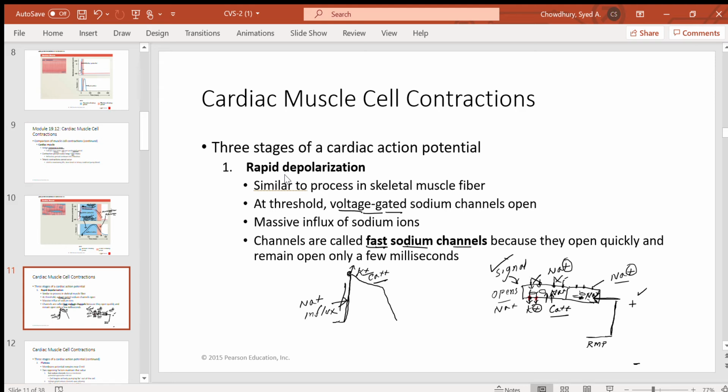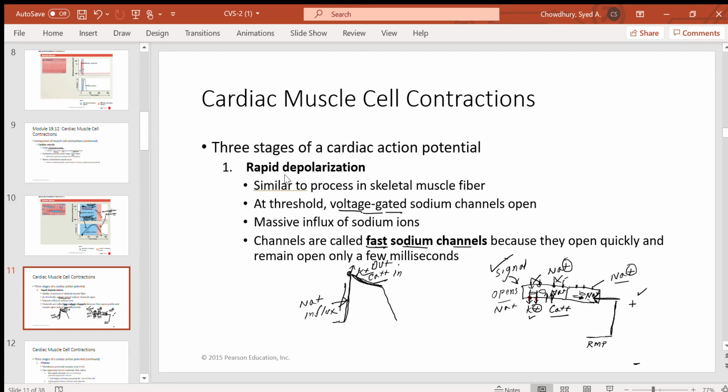But what is happening in the second phase? Potassium is getting out, that means positive is getting out, and calcium is getting in. So some positive is getting out, some positive is getting in. That will keep the potential kind of the same, unchanged, because potassium goes out and calcium comes in, and both are positive, right? So there will not be much change inside the cell.